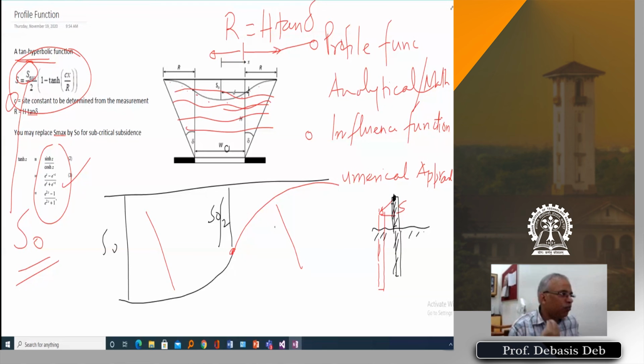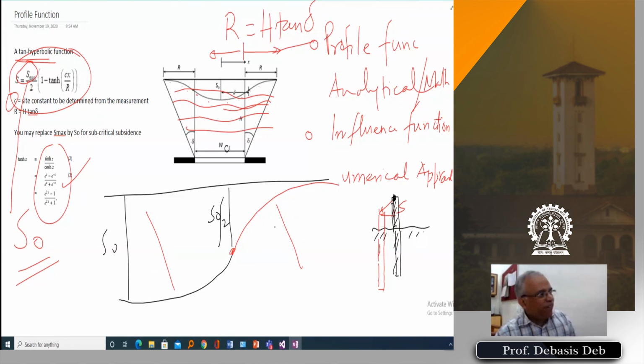So the only thing we do not know is the C value, and that needs to be calculated from the measurement. Once we know this value from the measurement, then for any other panel being mined in that particular area, we can use that C value and predict the subsidence.